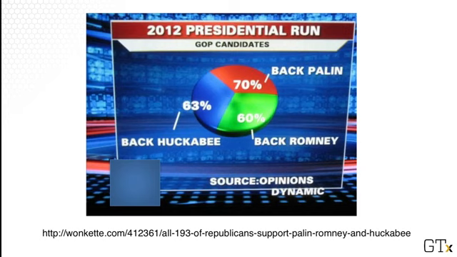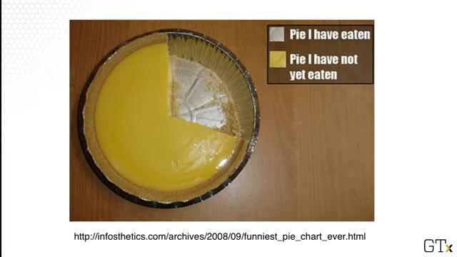If you're really doing a pie chart, everything should add up to 100 or add up to 1. And possibly the only scenario I can imagine that is a perfect use of a pie chart is to show people how much of a pie you've eaten and how much you have not yet eaten. This is the legitimate great use of pie.